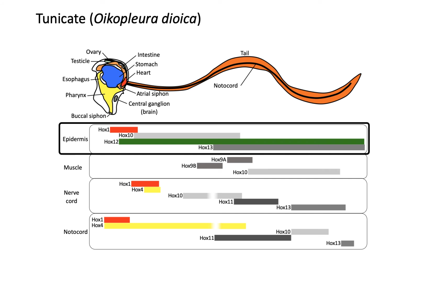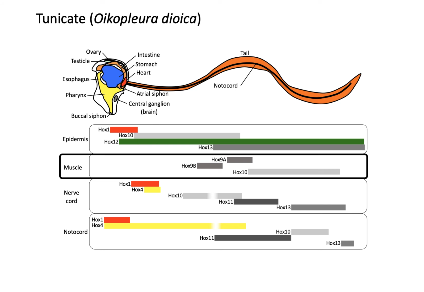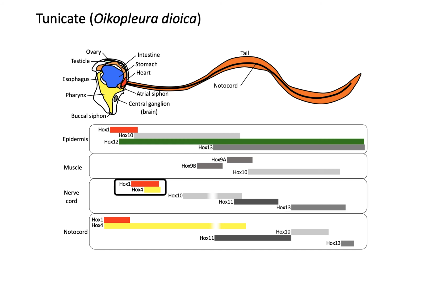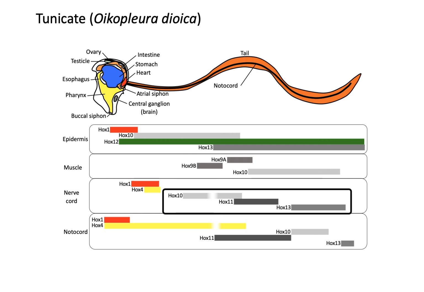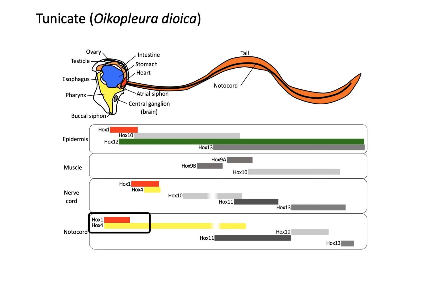But you can see how these genes here in the epidermis are turned on, and then this long tail to form that epidermis. Muscles here, mainly here, to turn on muscles to move that tail. And then the nerves are turned on primarily here, partly for the brain, but partly to innervate the muscles that are in the tail, and then the notochord itself in the head versus the tail.